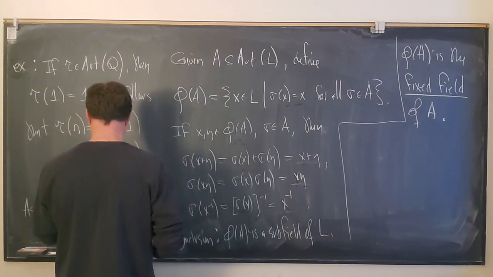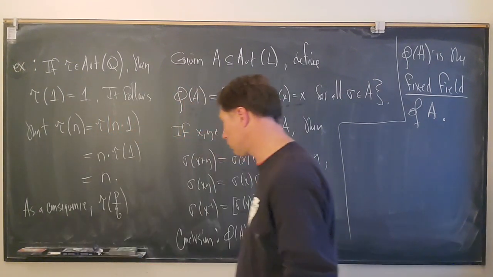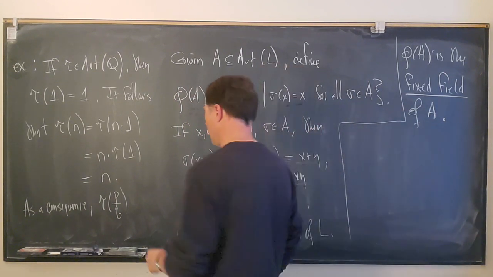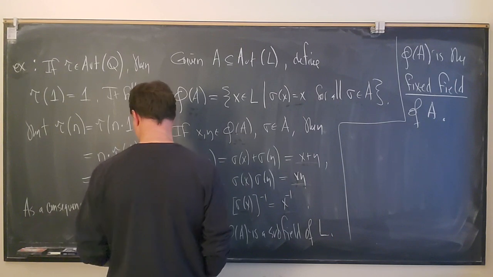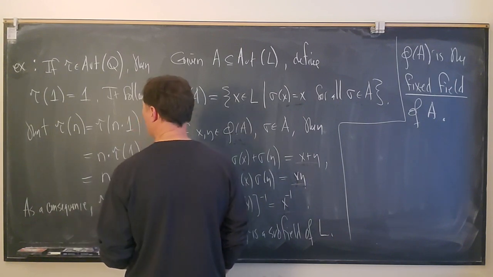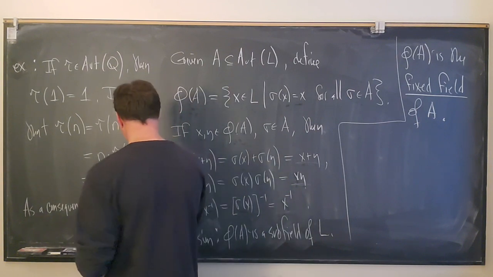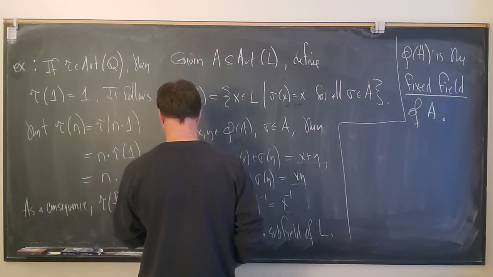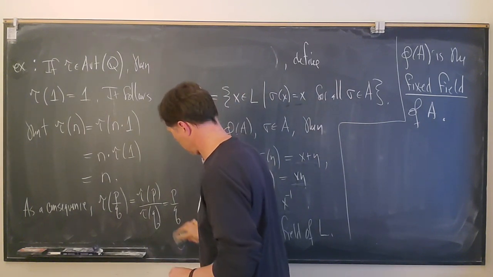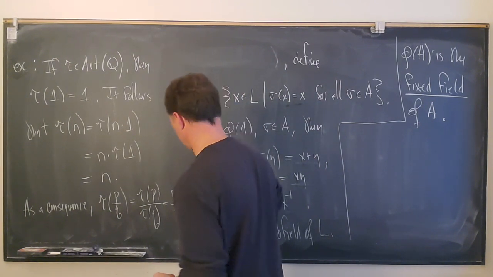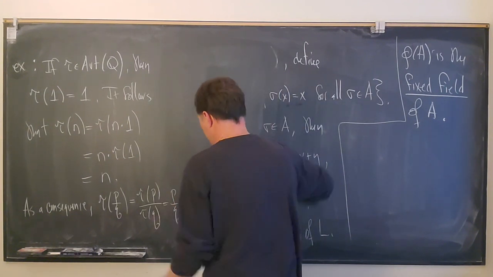if we look at a fraction tau of p over q, that's going to equal tau of p divided by tau of q, which is then equal to p over q. You could say I cheated here a little bit.